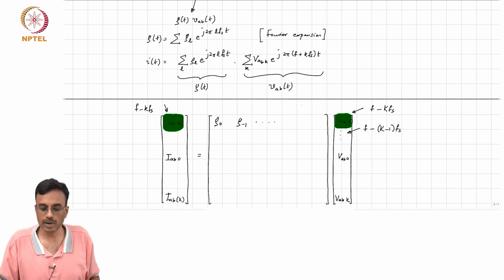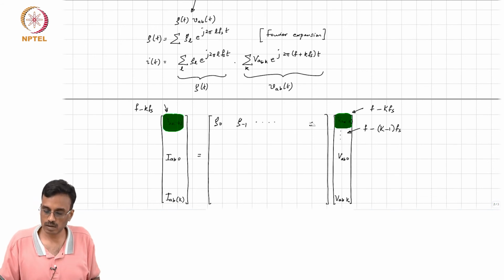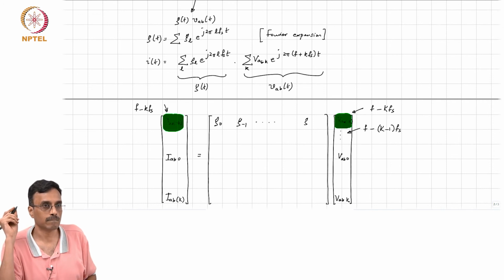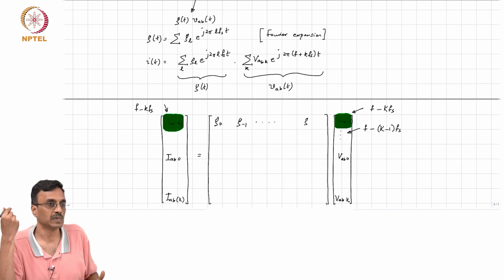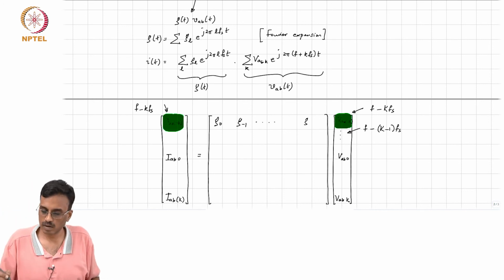Finally, the last term will be G minus 2K.